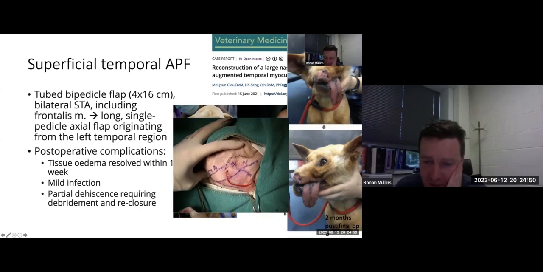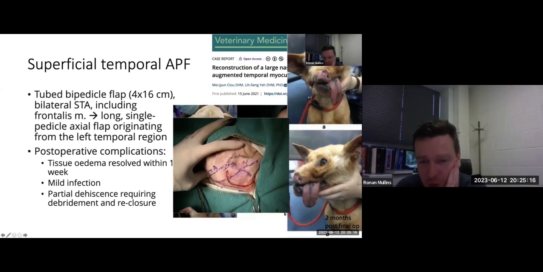And the idea is that they're trying to force the flap to survive. As you limit its blood supply, you're training the flap to survive. So they come along and sever half of the pedicle on the right side, and then after another week or so, they come back and sever the remaining half, or basically they sever the entire amount at that point.